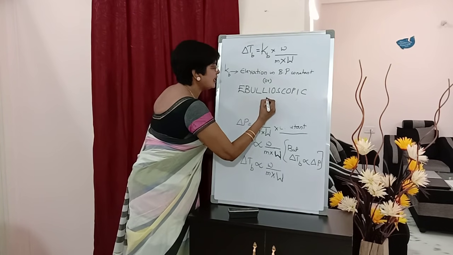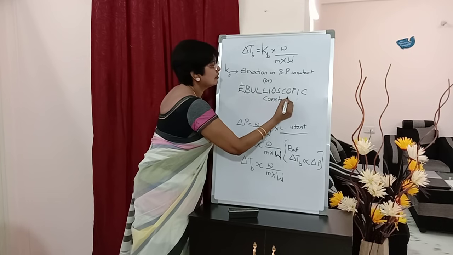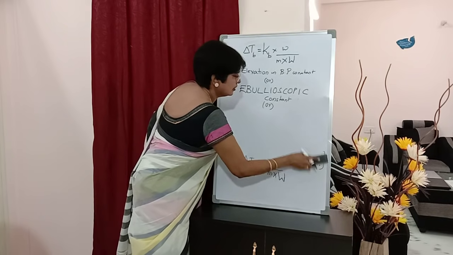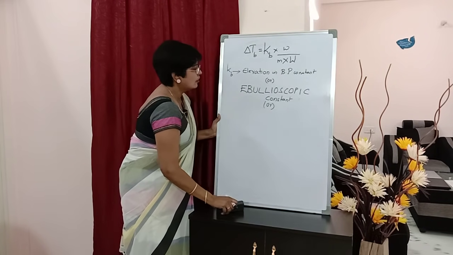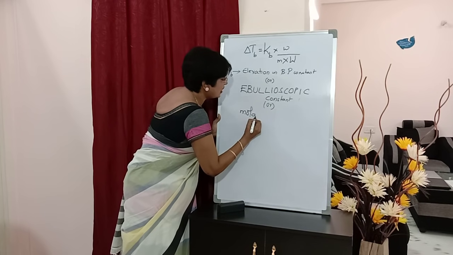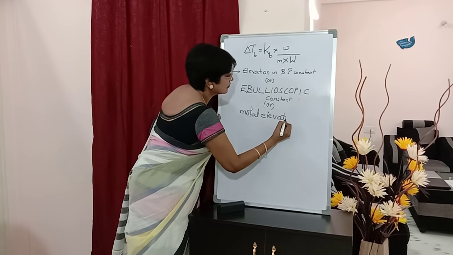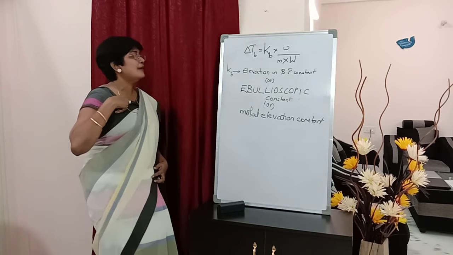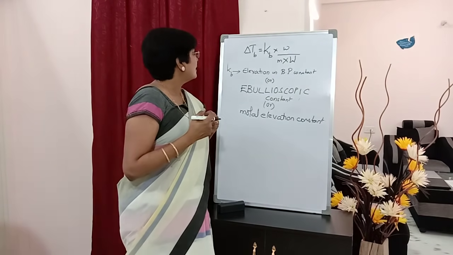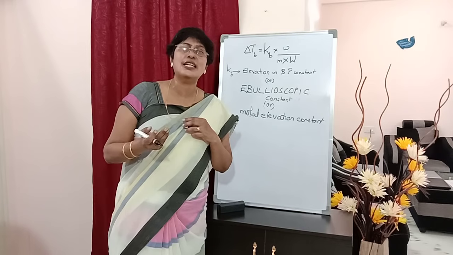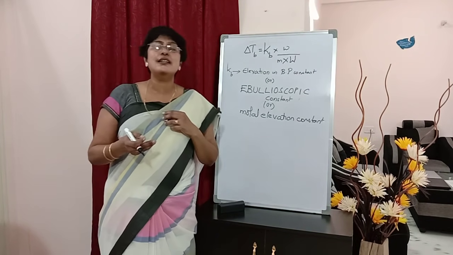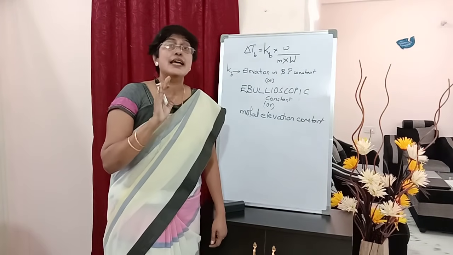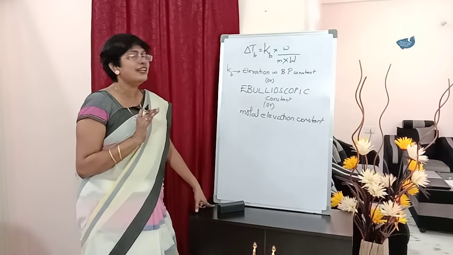EBULLIOSCOPIC. Ebullioscopic constant. Or one more name, molal elevation constant. See how many names it has got. First one, elevation in boiling point constant, or ebullioscopic constant, or molal elevation constant. MOLAL, not molar.